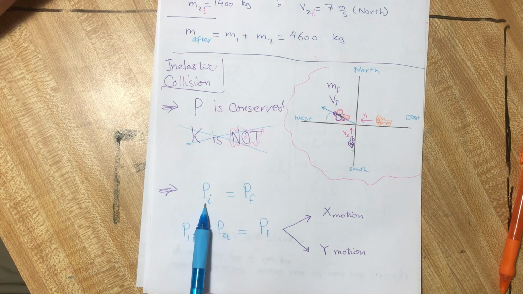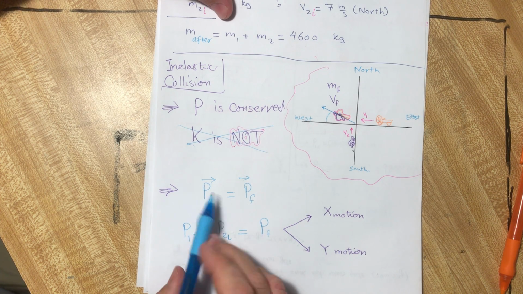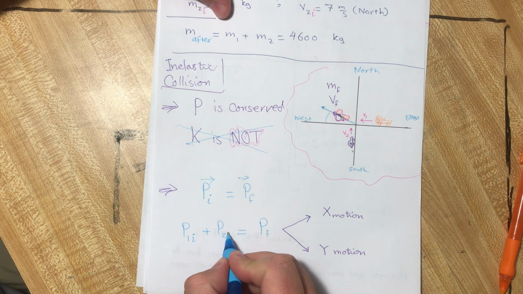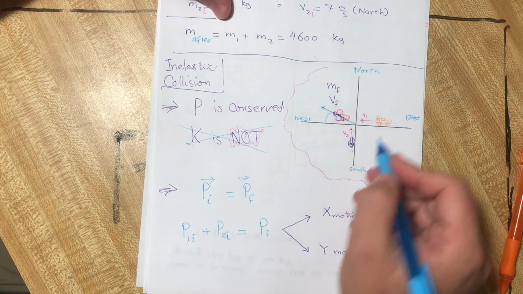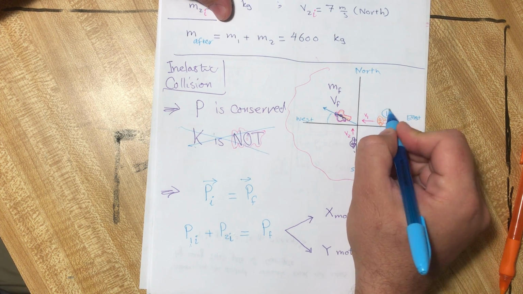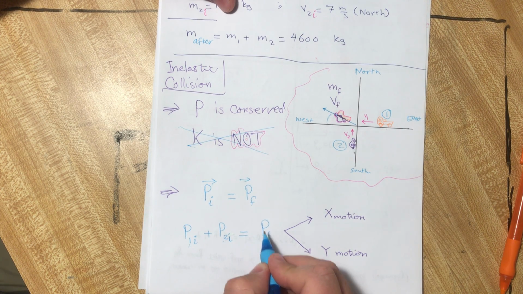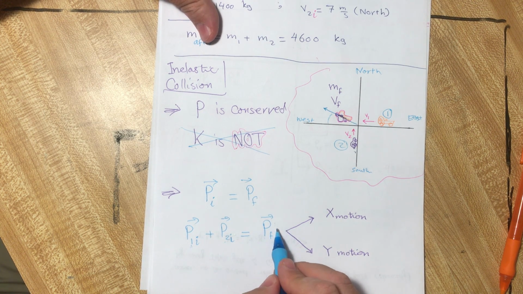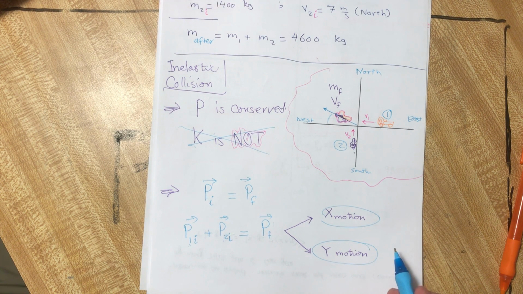The momentum initially is equal to the momentum finally as vectors. The initial momentum is the momentum for both bodies, which is the truck, M1 or P1, because this is the first object, and this is the second object, is equal to the total momentum finally as vectors. So because they are vectors, we have x motion and y motion. We will discuss each of them alone.